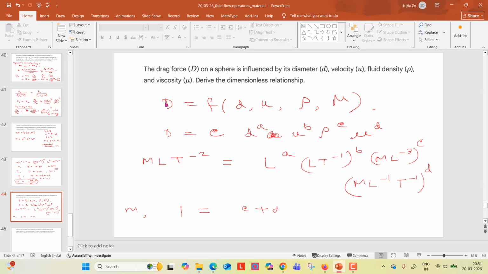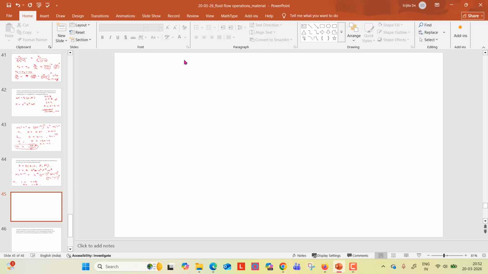So C will be 1 minus D, right? For L it will be 1 equals A plus B minus 3C minus D, right?